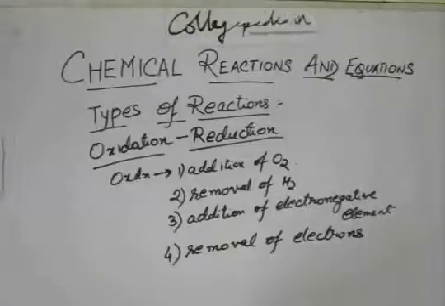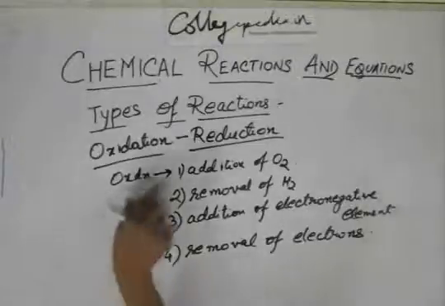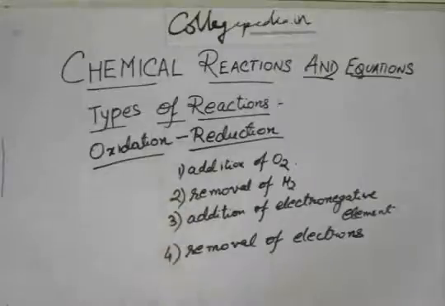So there are 4 cases of oxidation. It's addition of oxygen, removal of hydrogen, addition of electronegative element, or the removal of electrons. So for the first thing, addition of oxygen, we have one very simple example.